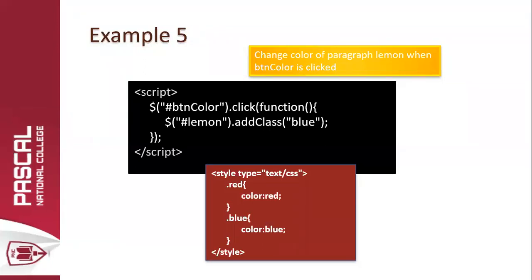So this must be your paragraph, id equals lemon, the same example that we have done before, dot addClass blue. So this means you want to add the class blue when you click on the button. So when you click on the button, your paragraph with id lemon should be shown in blue color.